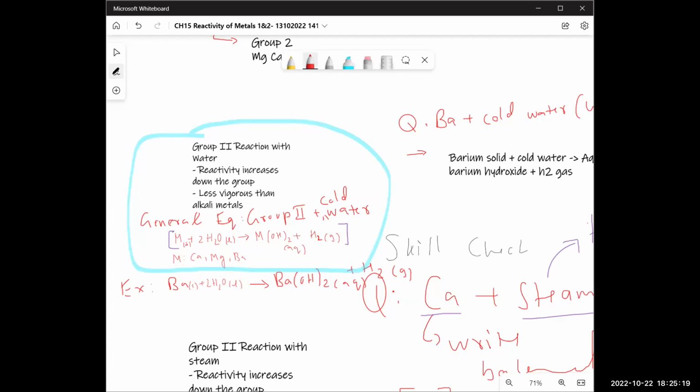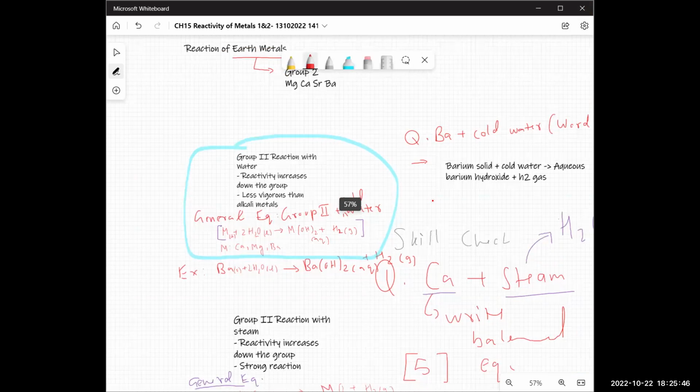Now these are the easy reactions. The main reactions are displacement reactions. Then, sir. Finish, then write this part.